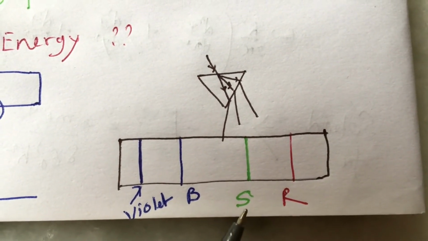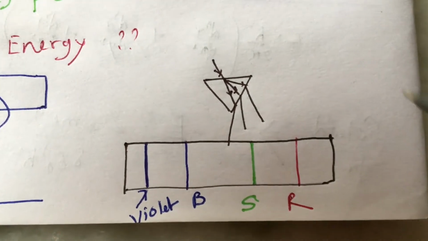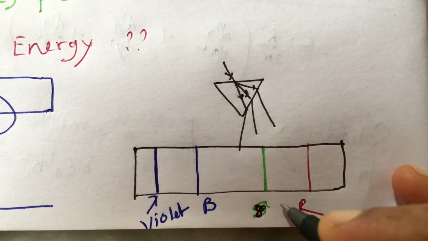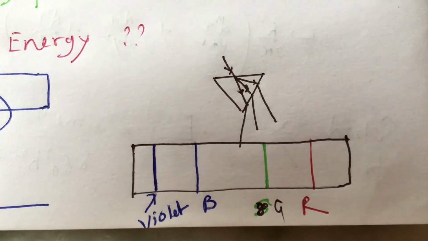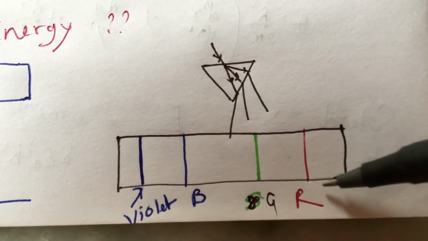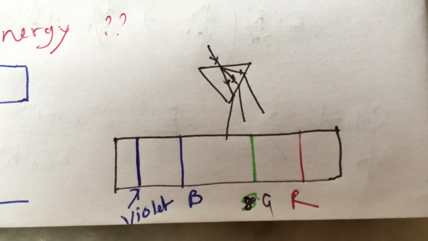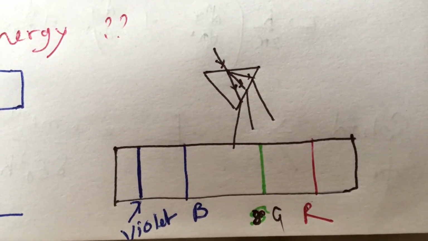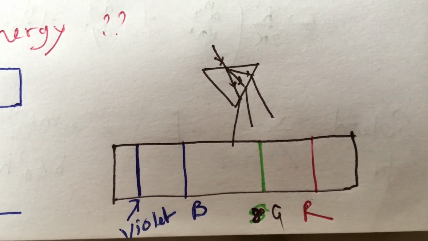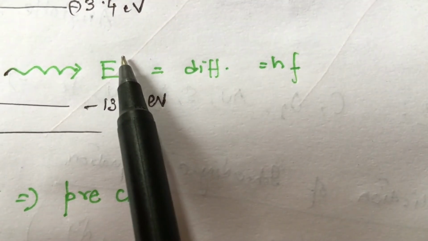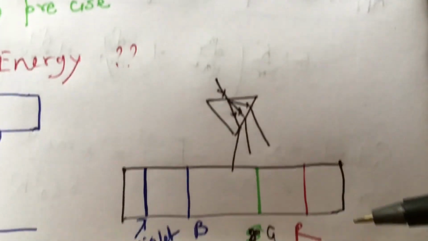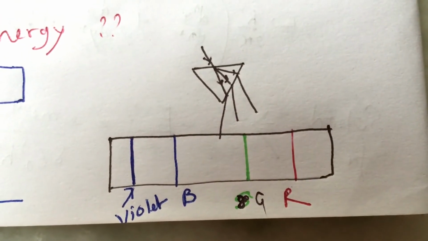One is red, one is green, one is blue, and one is violet. And we know these colors, these lines, have a particular frequency, so from this relation we'll have a particular energy value corresponding to all these lines.